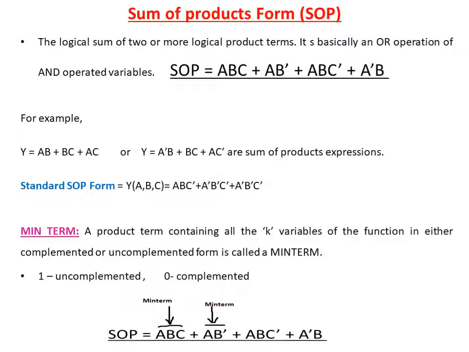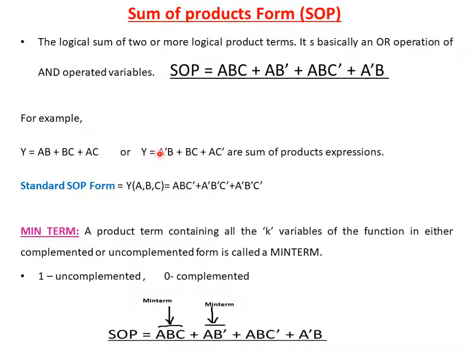The other way to define sum of product form is the logical sum of two or more logical product terms. It's basically an OR operation of AND operated variables. For example, here two expressions are represented in SOP form. This is one expression and this is another expression.